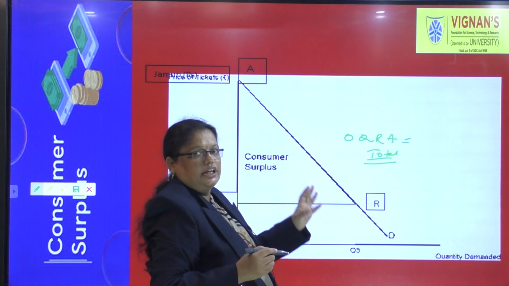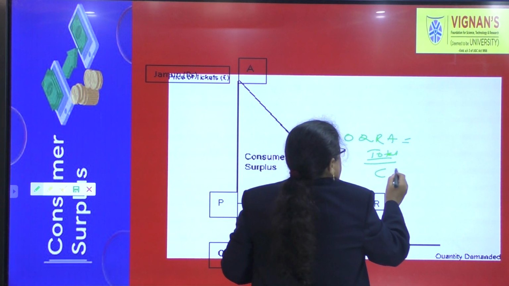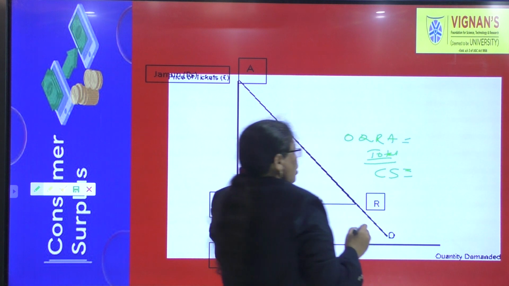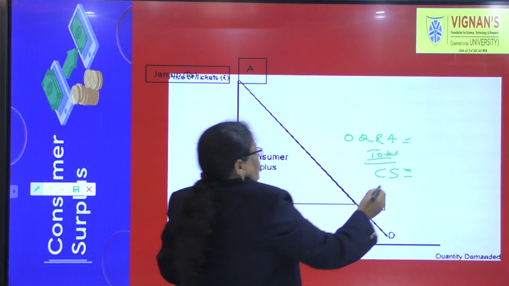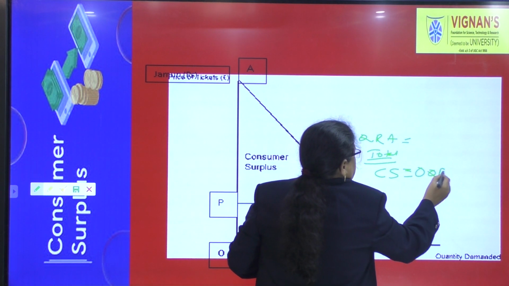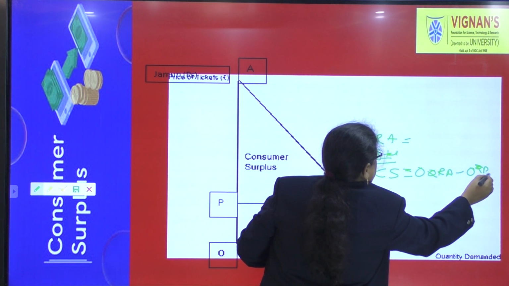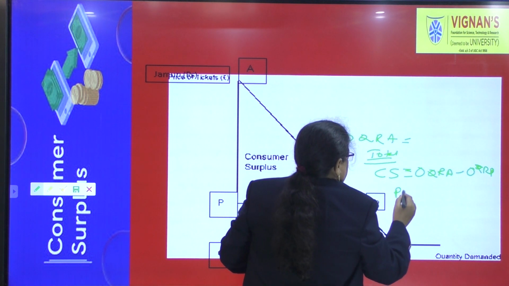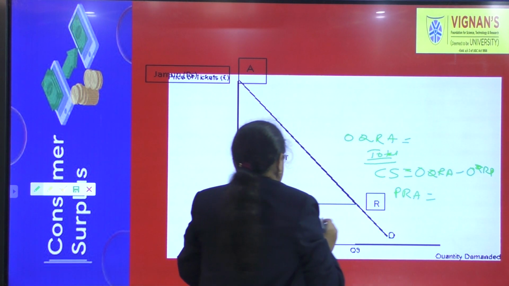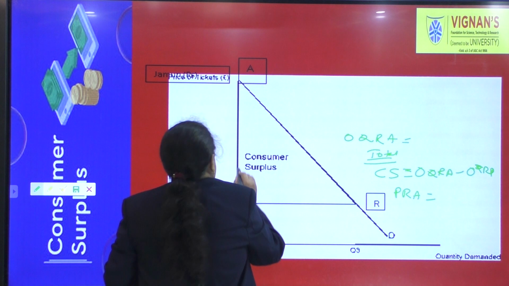We will get consumer surplus satisfaction by OQRA minus OQRP, that is PRA. OQRA means this one.